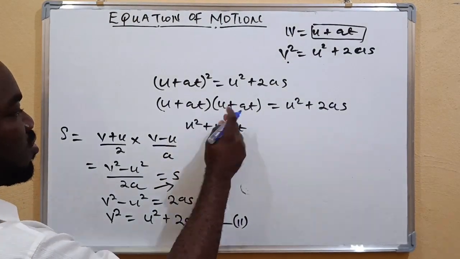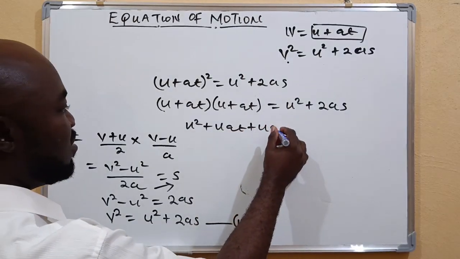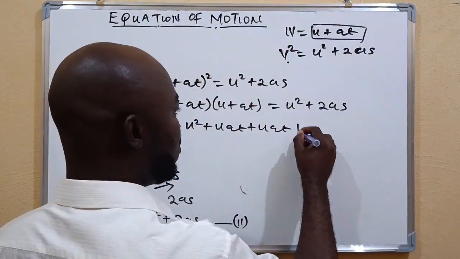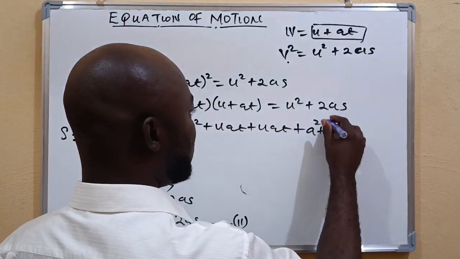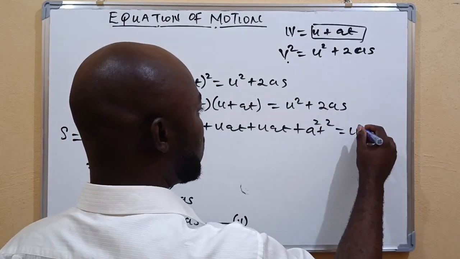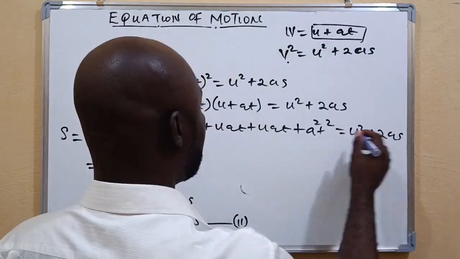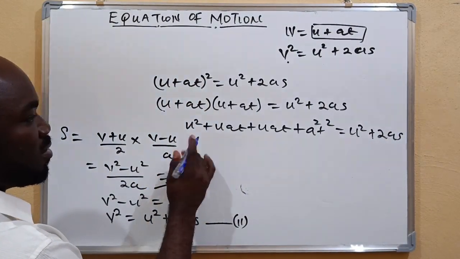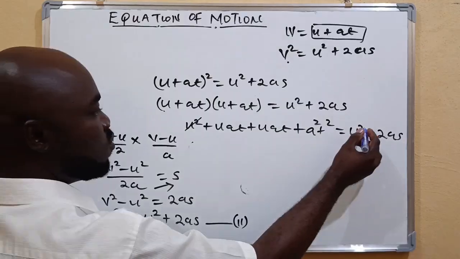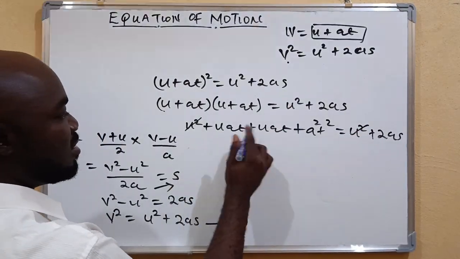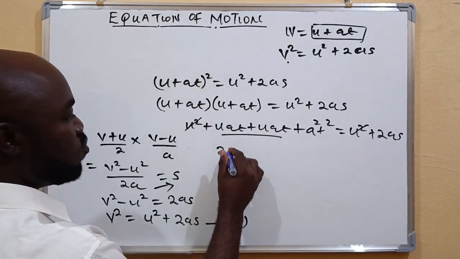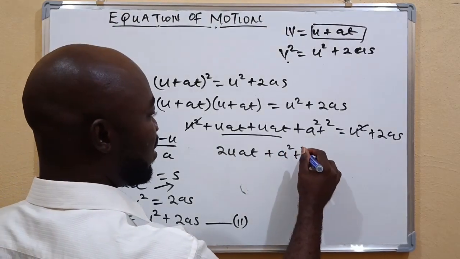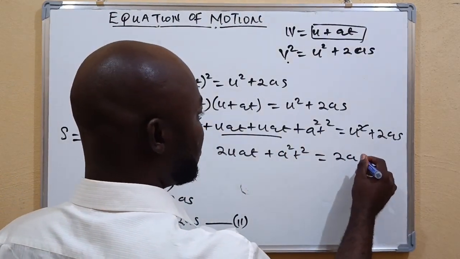This other at times u, uat. at times at will give you plus a squared t squared equals u squared plus 2as. So this u squared will cancel out this u squared. So I'll be having 2uat plus a squared t squared to give me 2as.